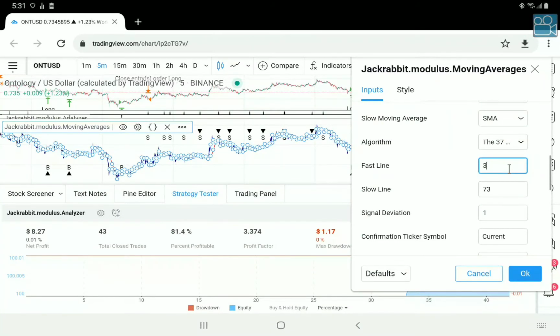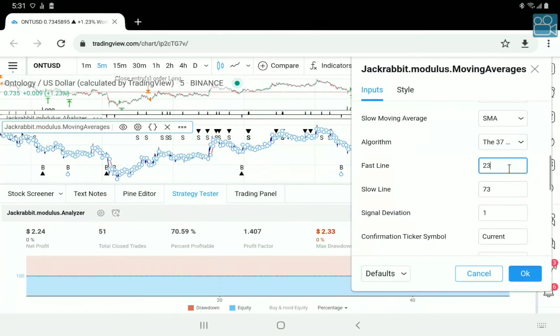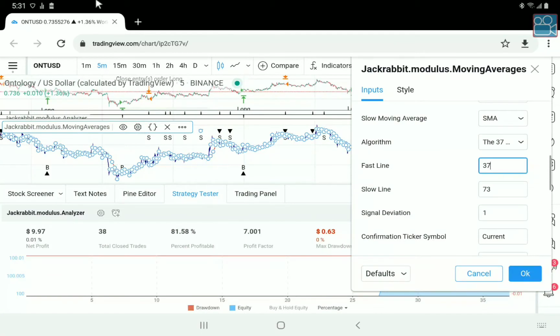Let's move this down to 23 though. Alright, so 31 is better. So let's go back up to 37. Remember, we're at the 5-minute chart, so we're looking at 17 days of data. So we want to be sure that for that 17 days, we get a good amount of trades.